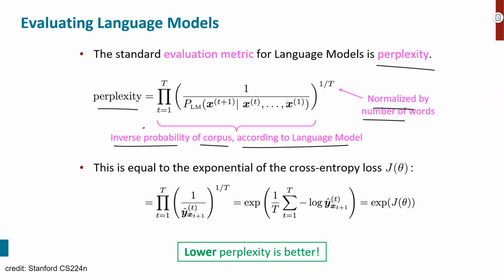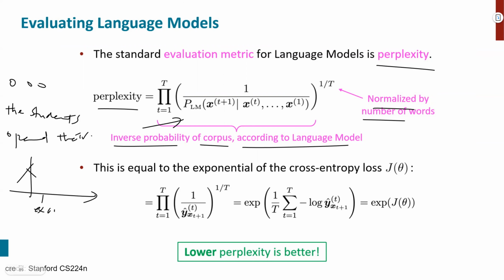Let's say, given some context, the student opened, our language model predicts the probability distribution like this. Let's say exams have the probability of 1, and other words 0. Then the perplexity is 1.